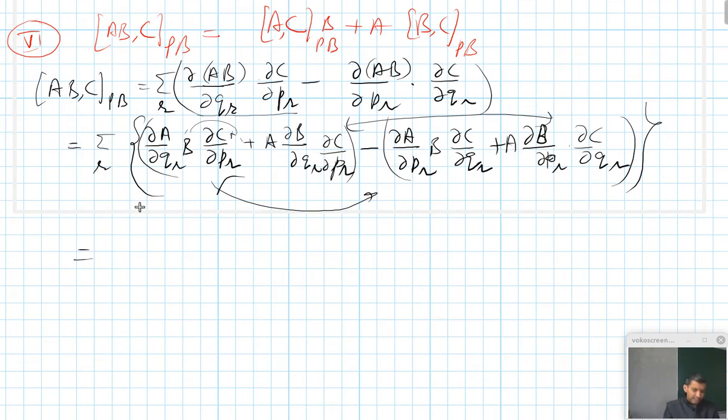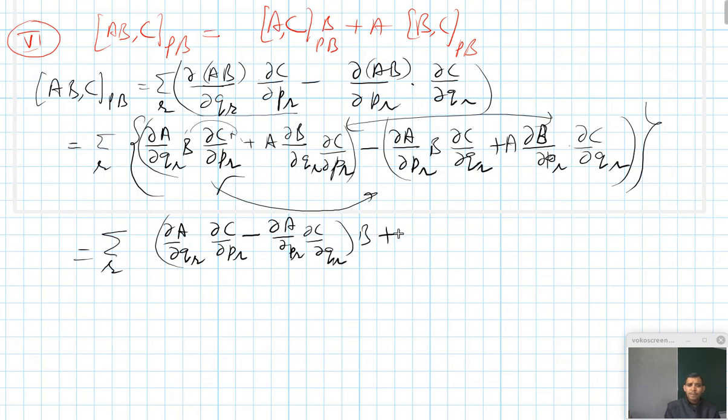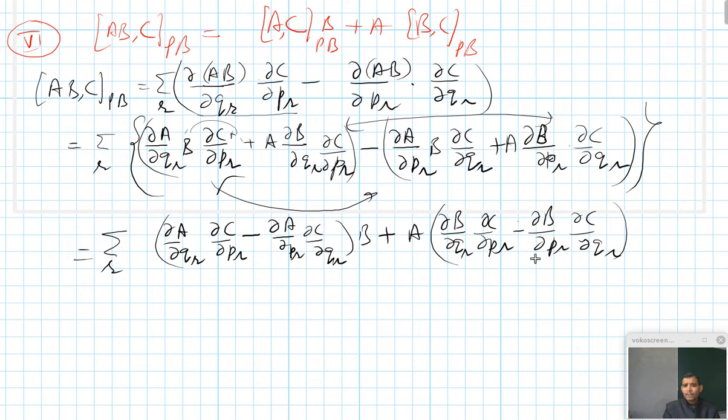So that means what I can do is, it is ∂A/∂q_r ∂C/∂p_r minus ∂A/∂p_r ∂C/∂q_r, and outside it is B, plus A with ∂B/∂q_r and ∂C/∂p_r minus ∂B/∂p_r and ∂C/∂q_r.